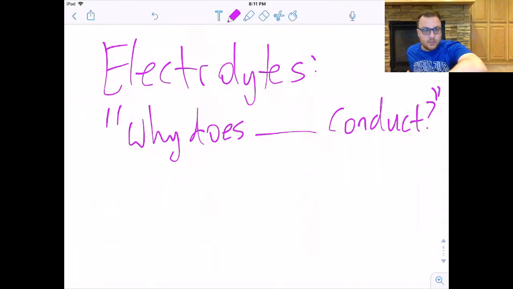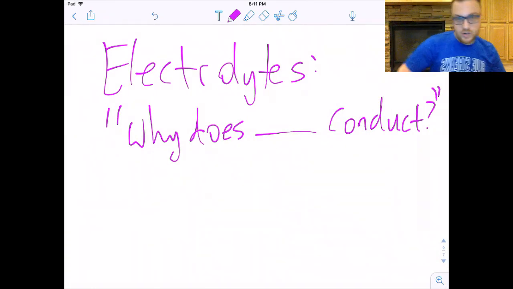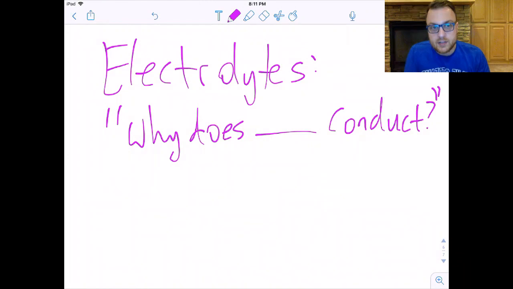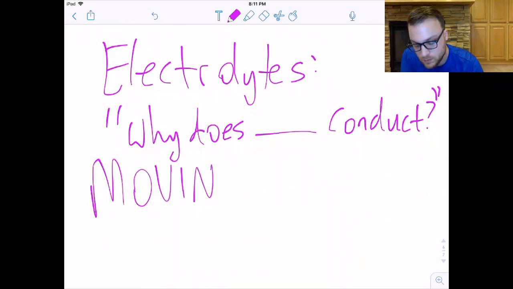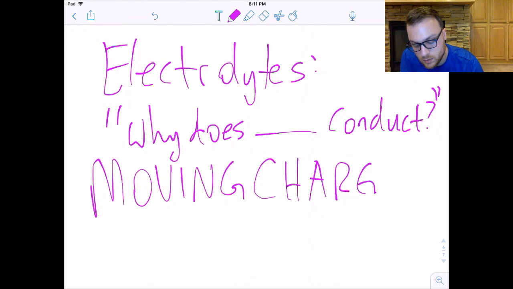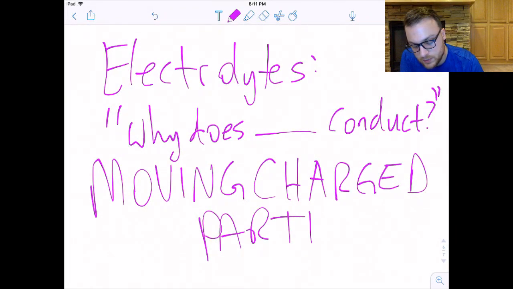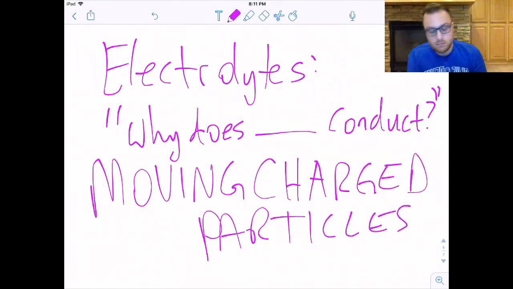Potassium conducts electricity because it's a solid chunk of metal, and it has a lot of moving, mobile valence electrons. Electrolytes conduct because they have moving, charged particles. So we have to keep this phrase in mind: moving, charged particles. Electrolytes have moving, charged particles.